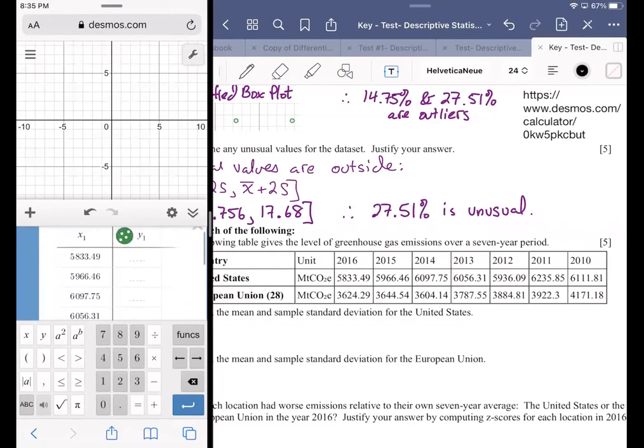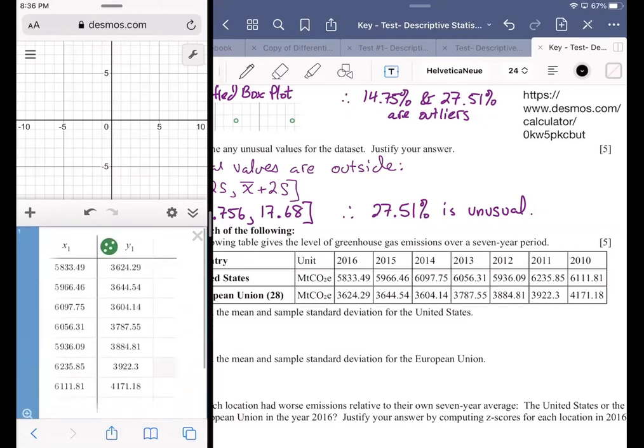All right, so that's my first data set. The second one, 3624.29, and 4171.18. Trying to not go cross-eyed in this process. All right, so double checking.